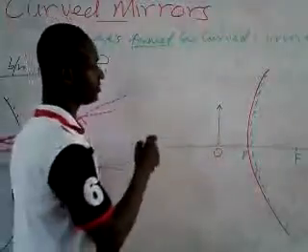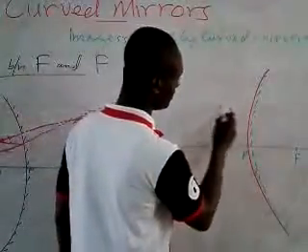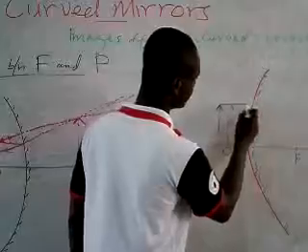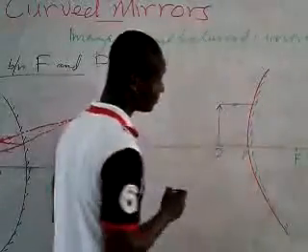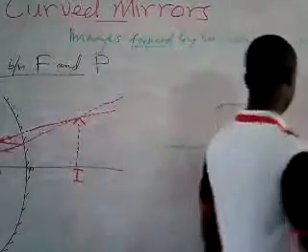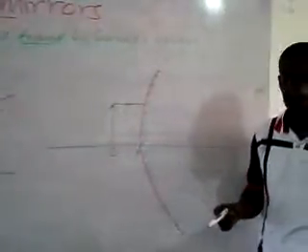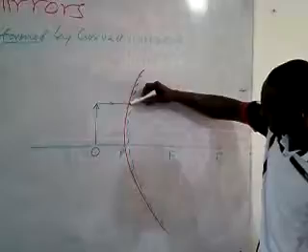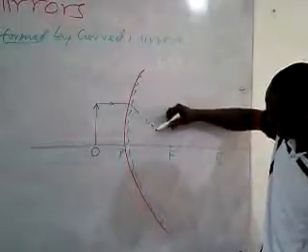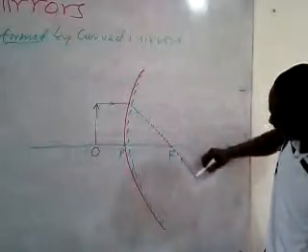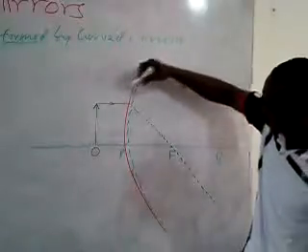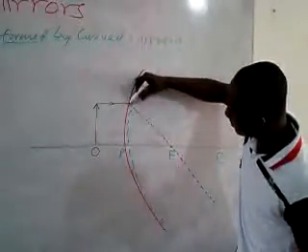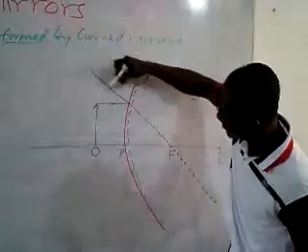Notice that rays parallel to the principal axis are going to reflect through the principal focus. But this time around it will be virtual. Virtually, and the actual one will be reflected in this direction.